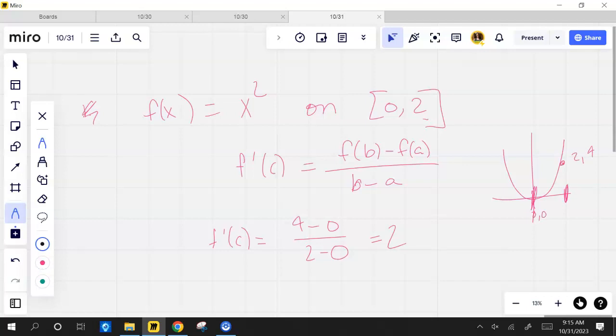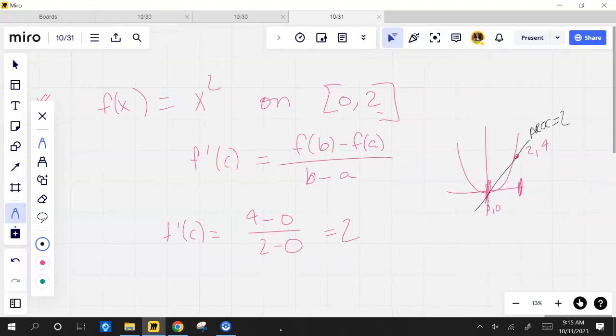Mean value theorem says that the AROC here is 2. Do you agree? AROC of the secant line, because that's what we call that line, right? A secant line because it goes through 2 points. The average rate of change, or the slope of the secant line, is 2. What MVT tells us is that somewhere between 0 and 2, there's a tan line that exists that has that exact same slope. So 2 would be your final answer.